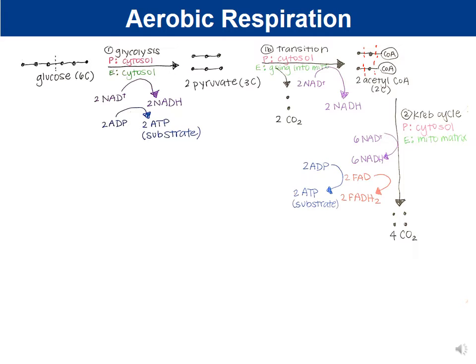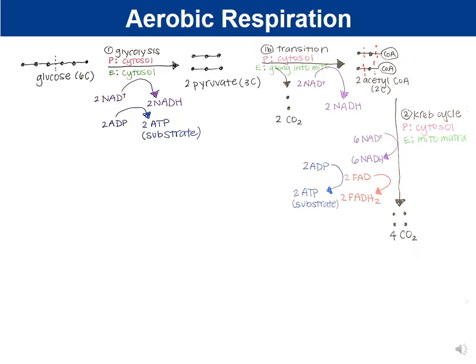So the whole idea of this is that we're breaking down the sugar little by little. And when we do this in a stepwise manner, what's actually happening is that we're transferring electrons onto these electron carriers. The electron carriers can then go drop off electrons at the electron transport chain. And when they do that, that is where the bulk of the ATP is going to come from.